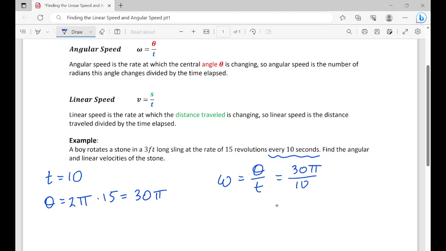This simplifies down to 3 pi radians per second. We use per second because t is in seconds, and we say 3 pi radians because that is what the central angle is changing for the angular speed.